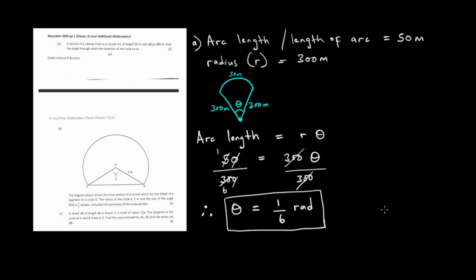So we are done with A. If you have a question on A, use the comments, use my numbers, but I think we have explained it sufficiently well. Let us go to B. So what does B say? It says the diagram above shows the cross section of a tunnel which has the shape of a segment of a circle O. The radius of the circle is 2 meters, as shown in the diagram.